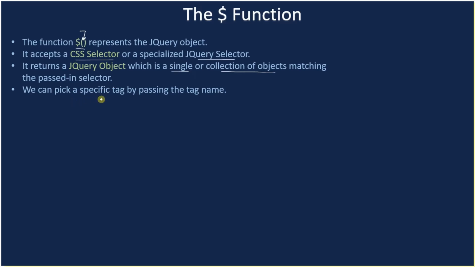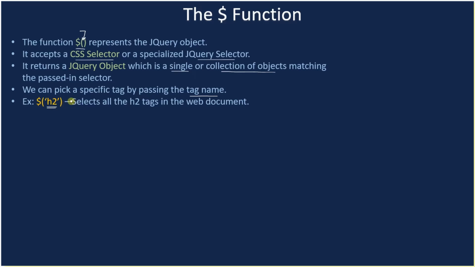We can pick a specific tag by passing the tag name. Say for example, if you use $('h2'), here our intention is to pick all h2 elements in the document. So select all h2 tags in the web document. That's what this $('h2') does.